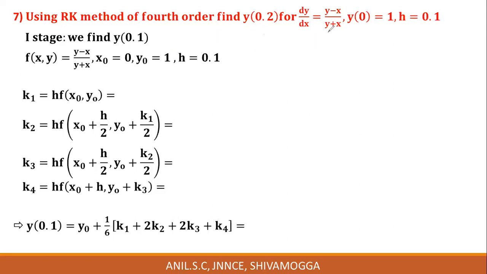And f of x comma y is equal to y minus x divided by y plus x. Initial condition x0 is equal to 0 and corresponding y0 is equal to 1 and h is equal to 0.1. Now we find the 4 components as we did in the previous cases, k1, k2, k3 and k4. First we find k1.